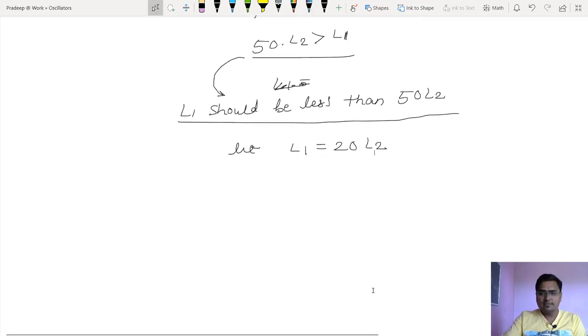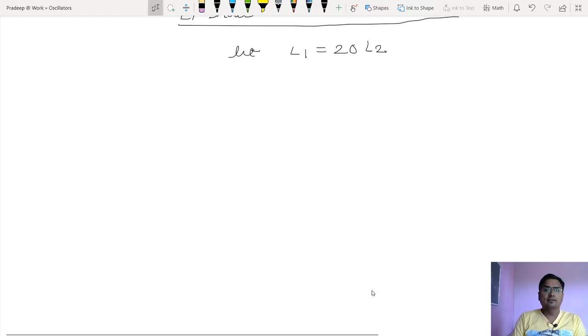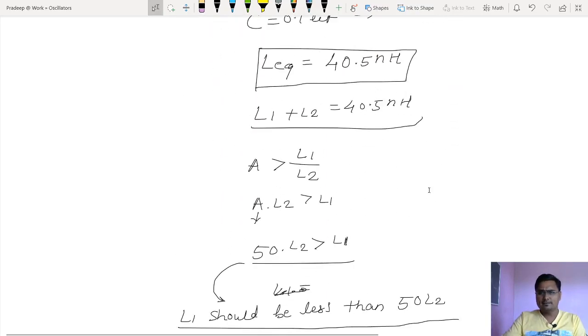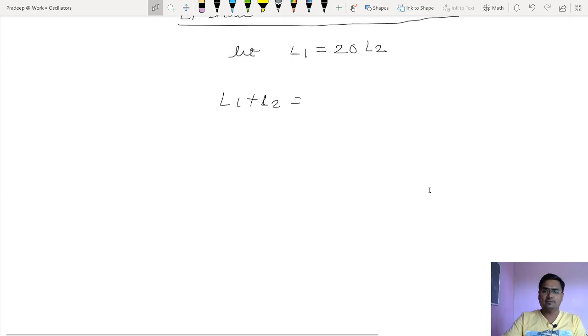Okay, let me have the screen now. Here, one thing I know, L1 plus L2 is equal to what? What's the value we have calculated? Sorry, I forgot. It is 40.5 nano henry. This is my value for L1 plus L2.